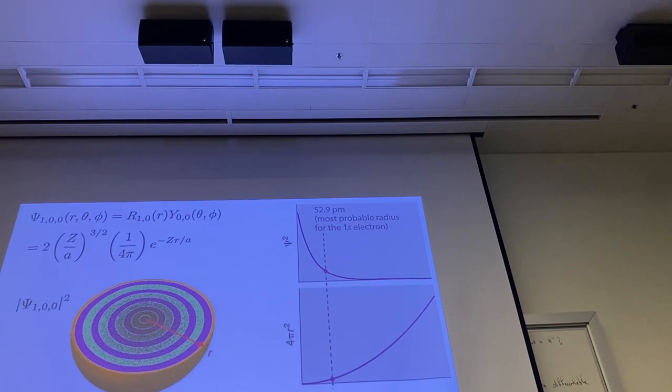So a small sphere has just a little tiny surface. A bigger sphere, farther away, bigger r, has a lot more surface, a lot more chances of finding the electron just by virtue of being bigger. That's why this r squared needs to be there in its consideration.